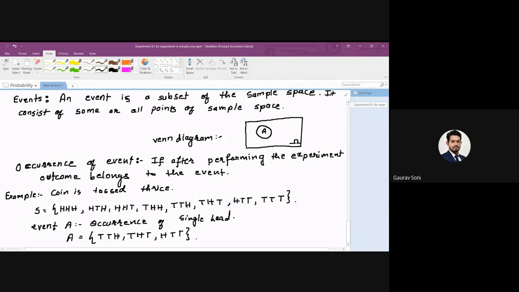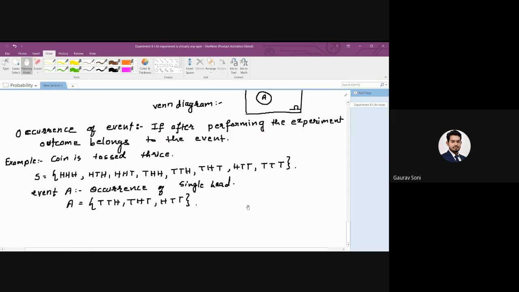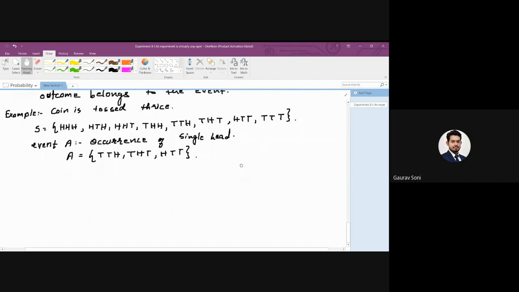We can define another event where at least two heads occur. Then four will be there. This is the way.